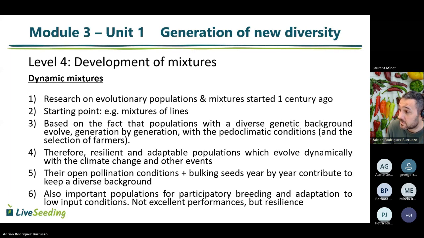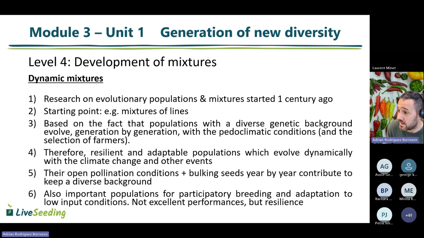So the difference to the composite cross population is that here we have no plant crossings as a starting point. We are just mixing different lines, of course selected by their good traits, their good phenotypes. Their seeds are mixed and then left.